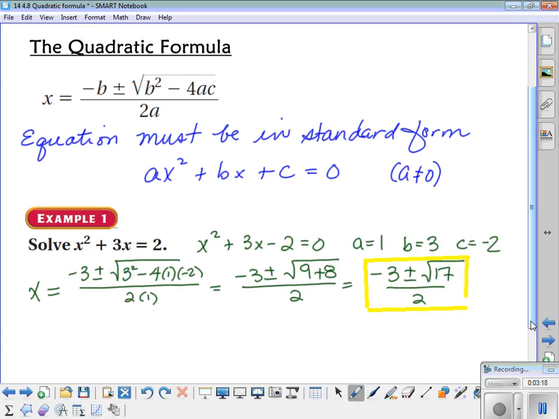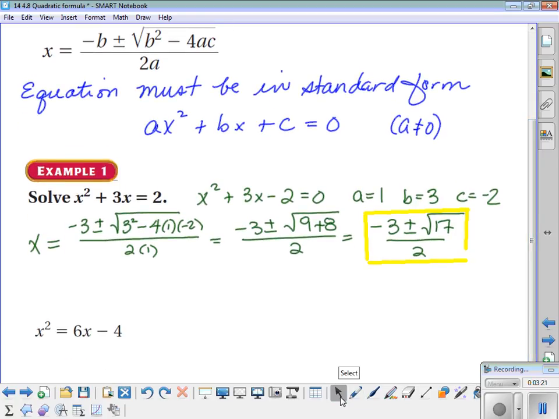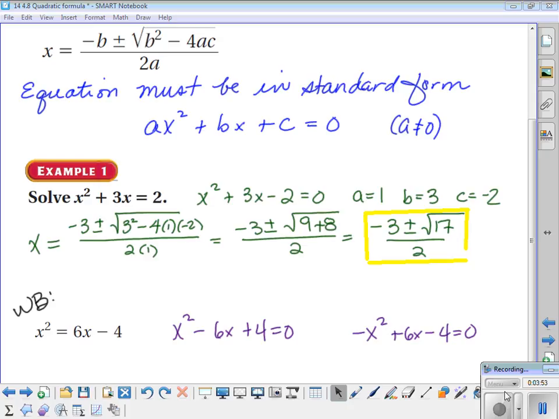Okay. So let's have you guys give this one a try on your whiteboards. First thing I want to see before you get going is show it to me in standard form, because I want to make sure you're using the right values for A, B, and C. Okay, so we have two possibilities there.